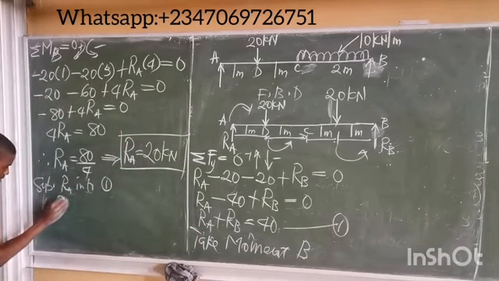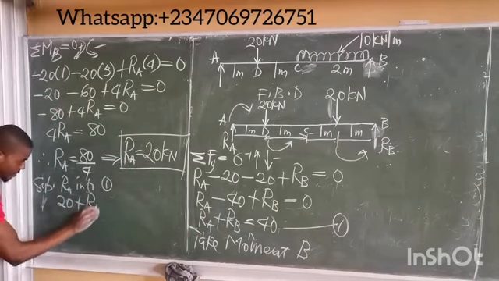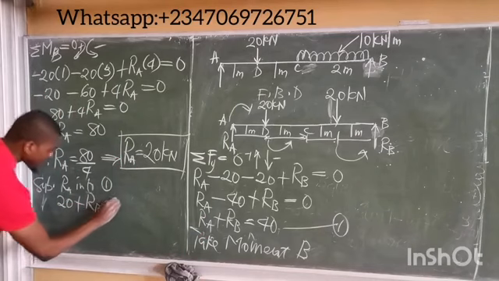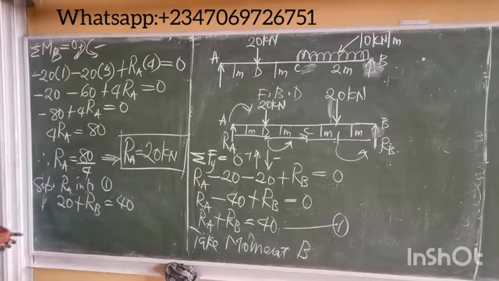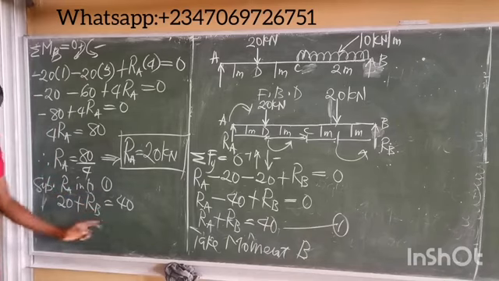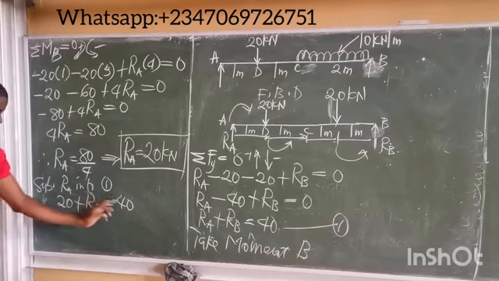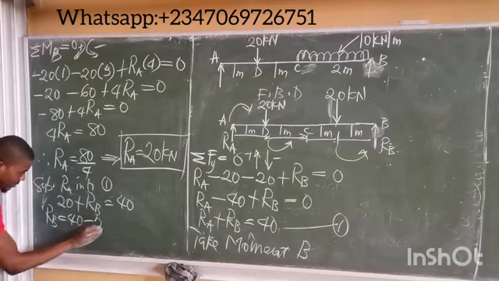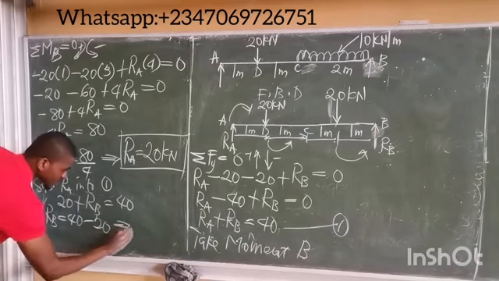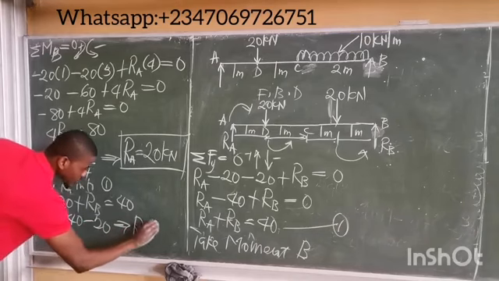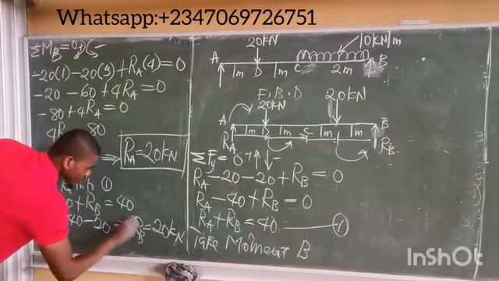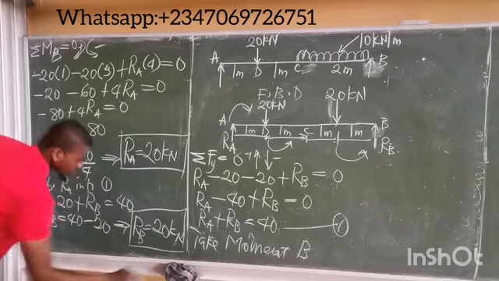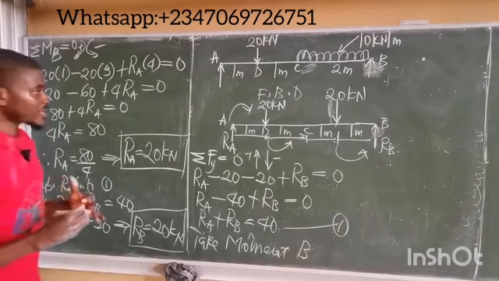So it becomes 20 plus RB equal to 40 kilonewtons. So therefore, we make RB the subject by simply sending 20 over to this side of the equation. Positive sign crosses an equal to sign becomes negative. So we simply have RB equals 40 minus 20. So this also implies that the reaction at point B is also 20 kilonewtons.